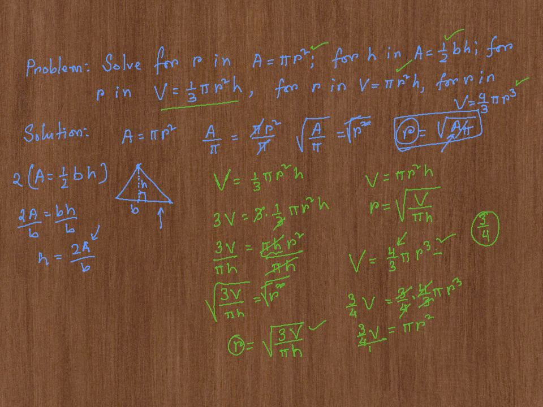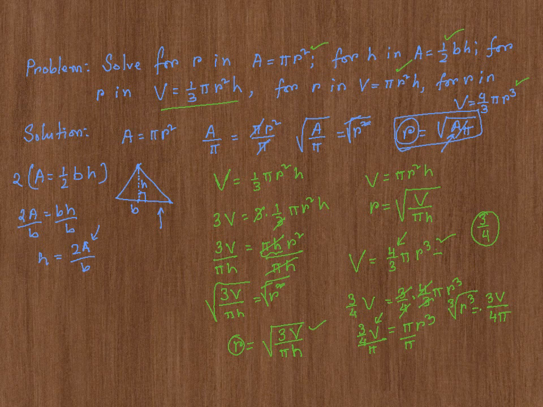Now if I divide both sides by pi, on the right hand side it cancels out. That gives me r cube is equal to 3v over 4 pi. Now to find the value of r, I just take the cube root, not the square root.